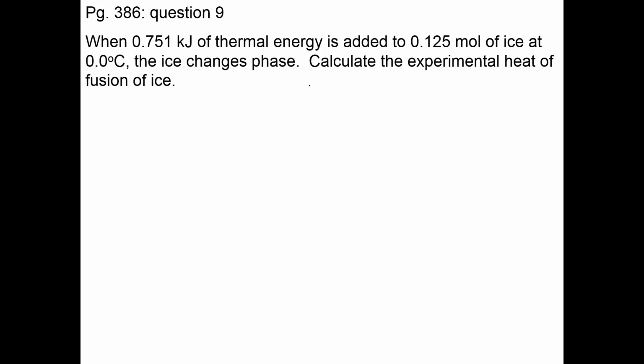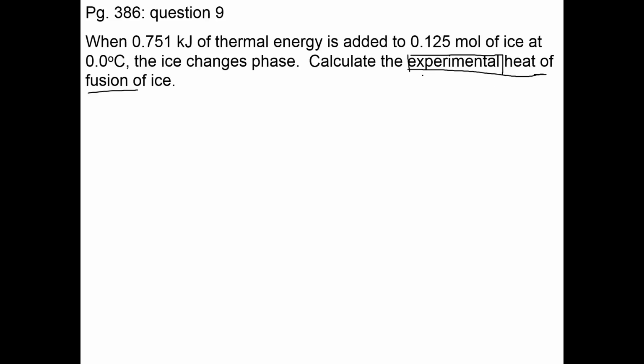So here's the problem. When 0.751 kilojoules of thermal energy is added to 0.125 moles of ice at 0 degrees Celsius, the ice changes phase. Calculate the experimental heat of fusion. If it says experimental, you cannot use your formula. You actually have to calculate.